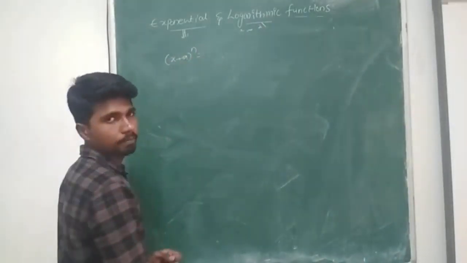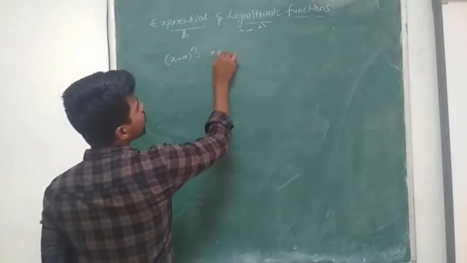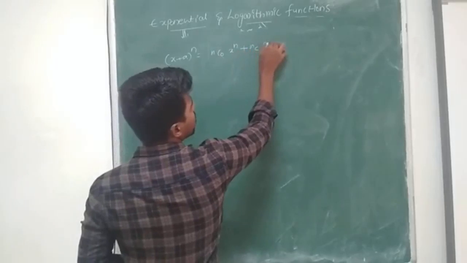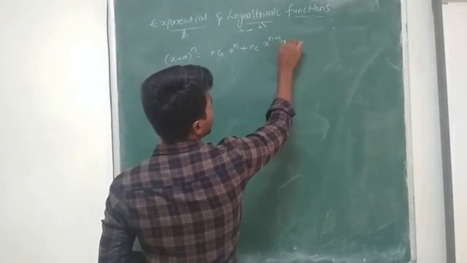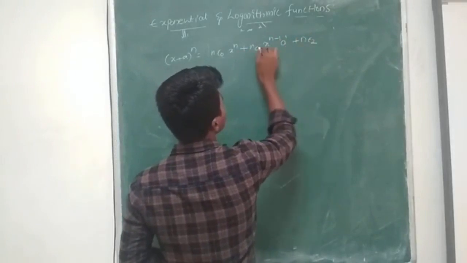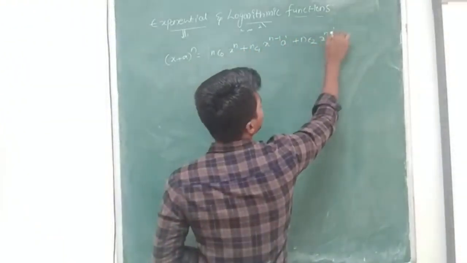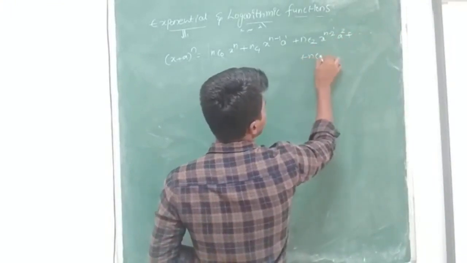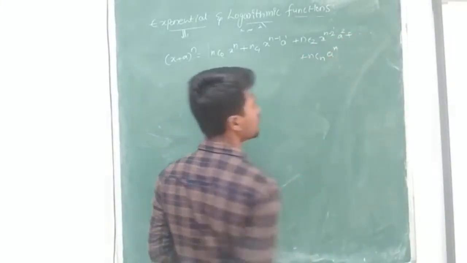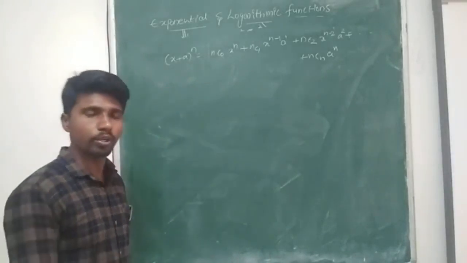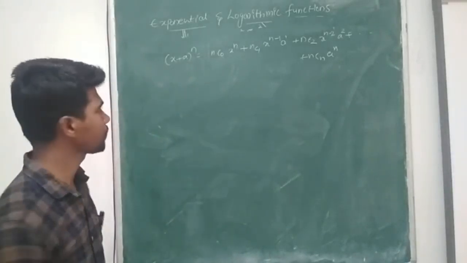So lastly we learned nc0 x power n plus nc1 x power n minus 1 a power 1 plus nc2 x power n minus 2 a power 2 plus and so on plus ncn a power n, right? So this binomial expansion, we are going to expand for any integer.